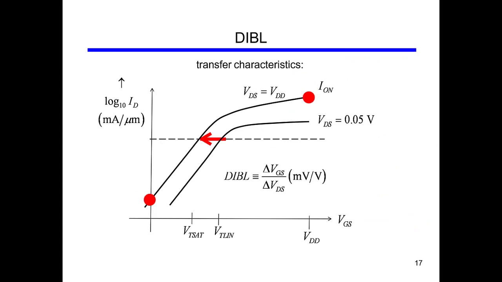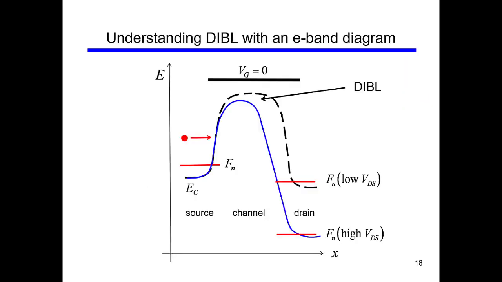Remember that we discussed drain induced barrier lowering. This slide was the definition of it. In one of the previous lectures we discussed what drain induced barrier lowering is, and now we can see the actual reason behind the name.